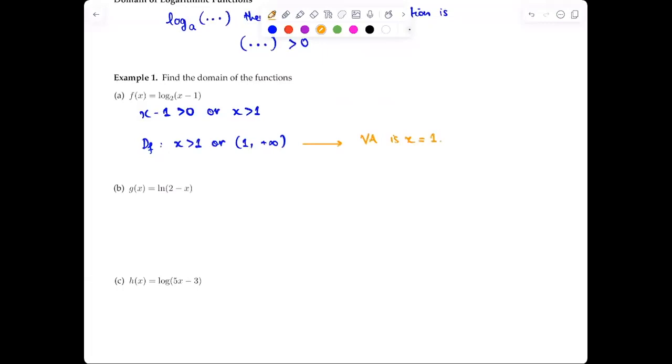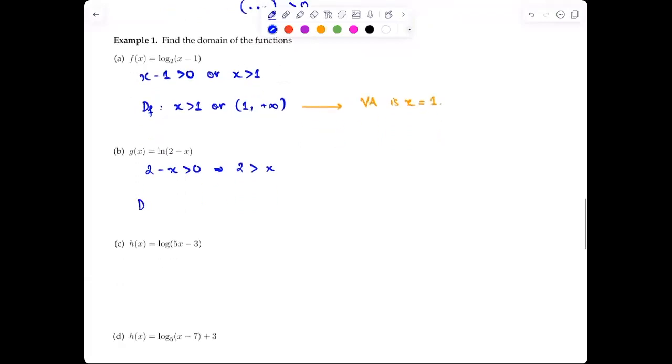Now, the second function is the natural log, log base e, of 2 minus x. So 2 minus x is greater than 0. You solve this inequality and you get 2 greater than x, or x is less than 2.